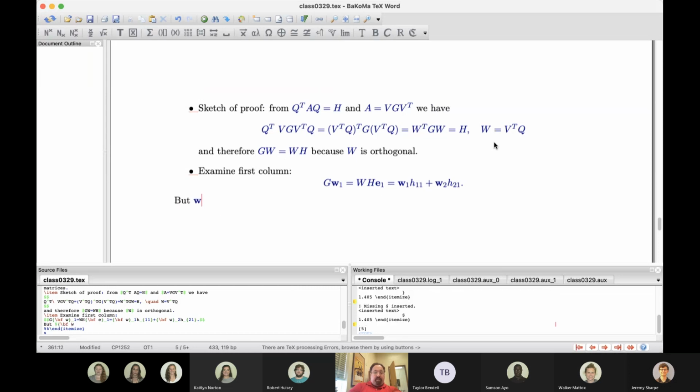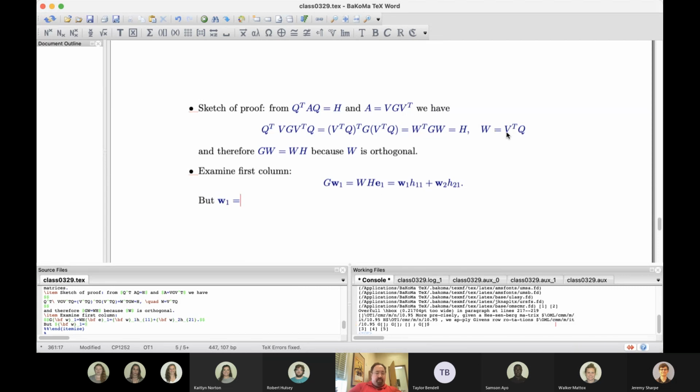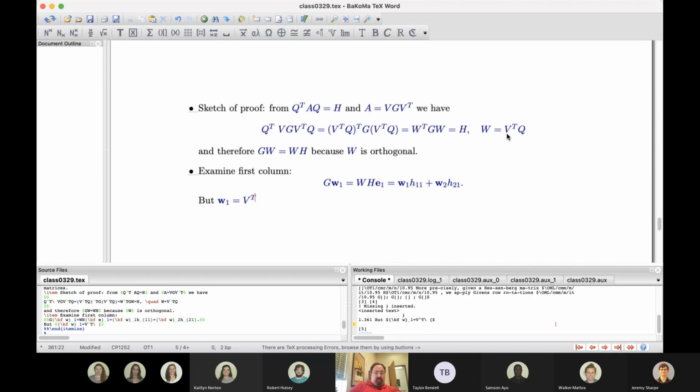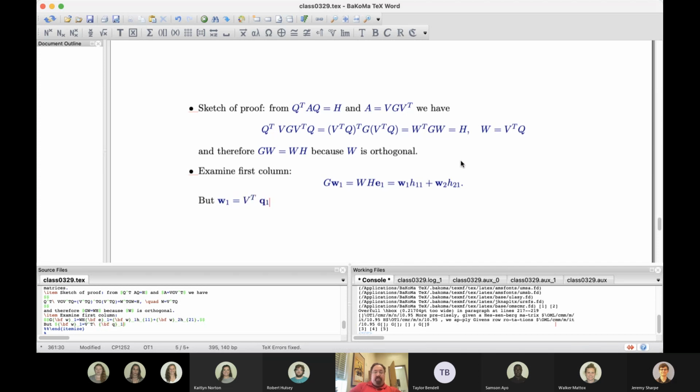But the first column of W is equal to V transpose times the first column of Q. Now, V and Q have the same first column, and because V is an orthogonal matrix, all other columns of V must be orthogonal to Q1.